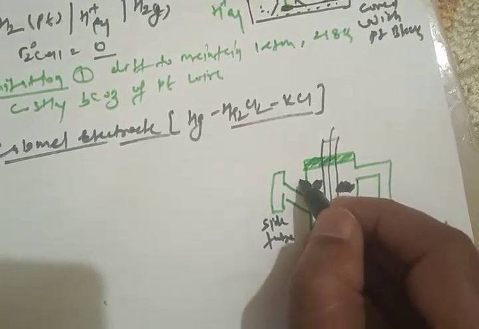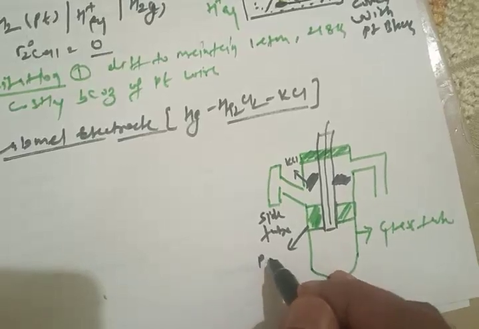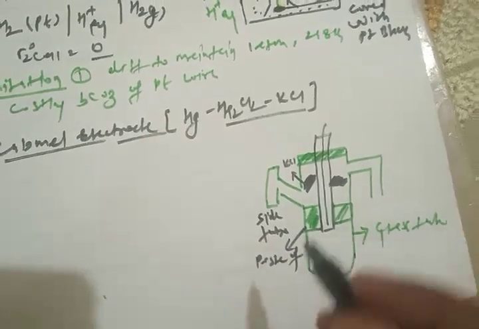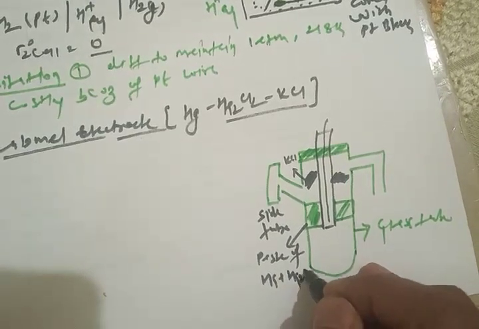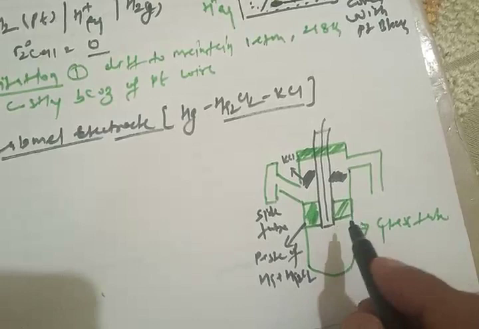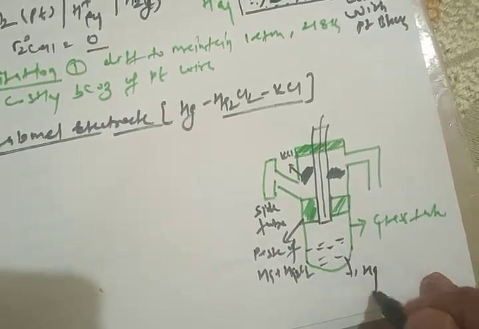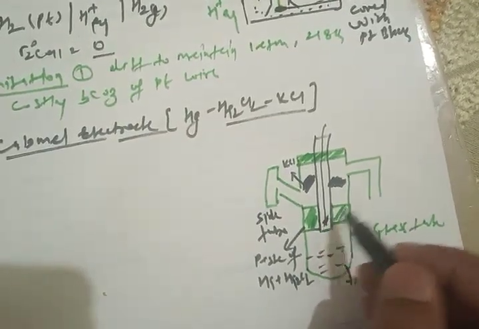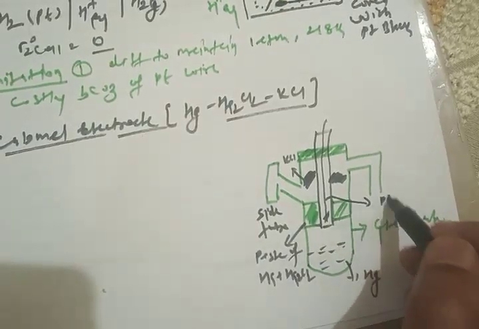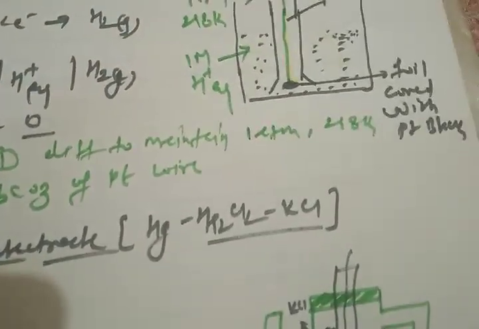So this is the KCl, and this is the paste of Hg and Hg2Cl2, and this is nothing but Hg. And again this is the platinum wire. This is called the bent tube.